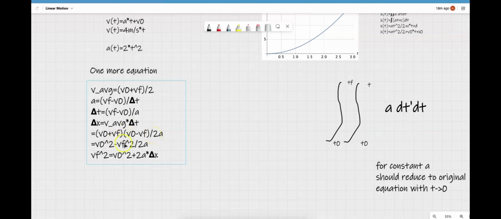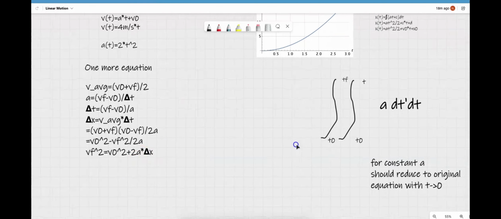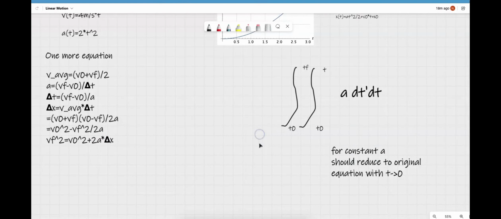You may remember that this will simplify to final velocity squared minus initial velocity squared over 2a. And then rearranging, we have an equation for our final velocity if we know our initial velocity and our acceleration after a distance delta x. So that's one of the fundamental equations, and now we've got them all.